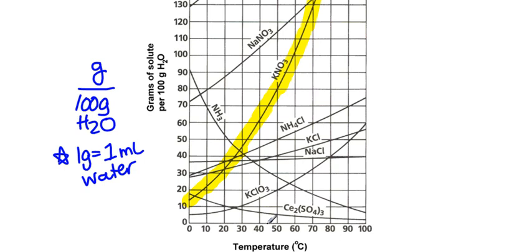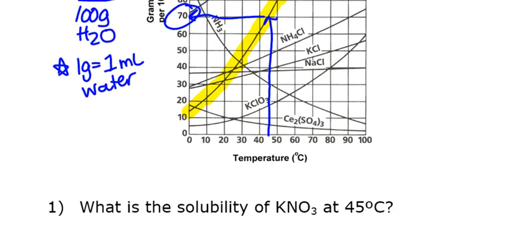So here's 45 degrees. We go up until we hit the curve. It's about there, and when we look, it hits right at 70. So at 45 degrees Celsius, the solubility is 70 grams per 100 grams of water. This means 70 grams of potassium nitrate can dissolve in 100 grams of water at that temperature.